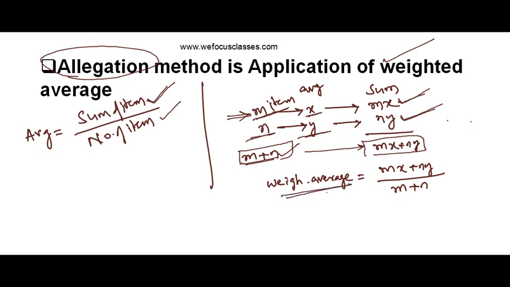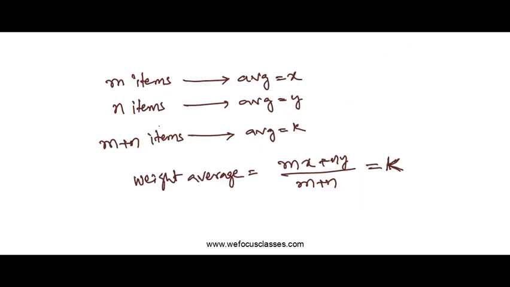So what is the weighted average now? The weighted average is the sum of the items, that is mx plus ny, divided by the number of items, that is m plus n. This is the weighted average when m items' average x is given and n items' average y is given. But in these allegation problems, you will not be given the number of items.